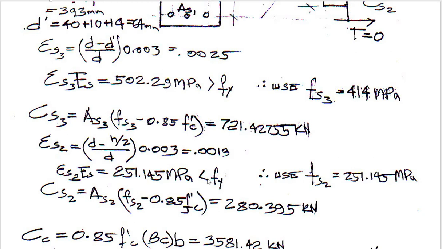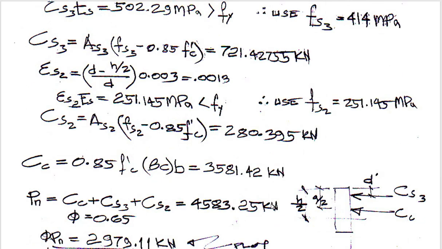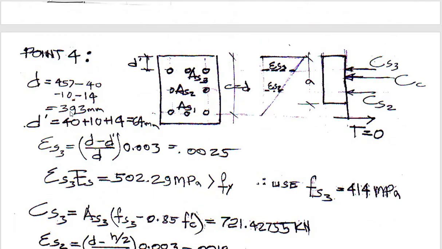It is less than your Fy, kaya okay lang na gamitin natin si 251.145. So, use that here. So, compression in steel 2 is now equal to 280.395. Remember na, you divide this equation by 1,000 para maging kilonewton. And then, finally, we have compression concrete is 3581.42. Yung ating small c is equal to your 393.